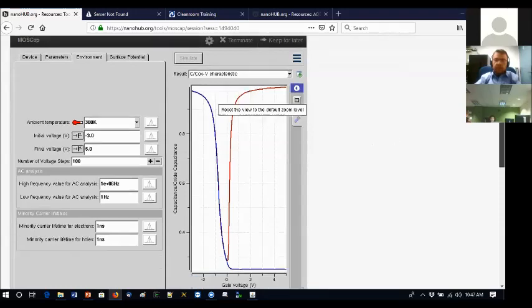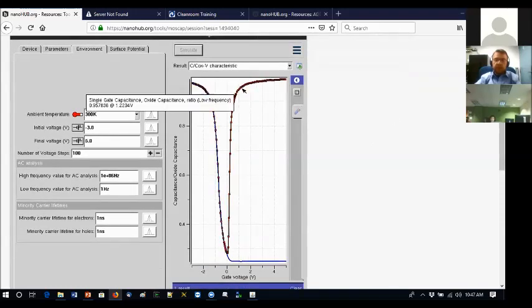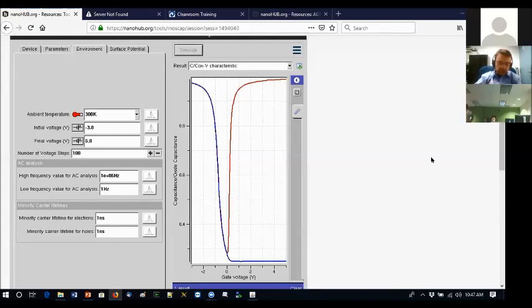Yeah. So this is a very important graph that you're observing here. It's the capacitance versus voltage graph. Let me remind you very quickly that we had the gate, the oxide, and the large semiconductor layer here.